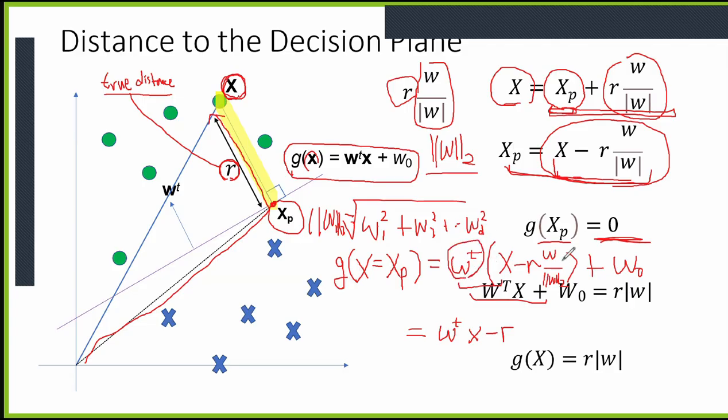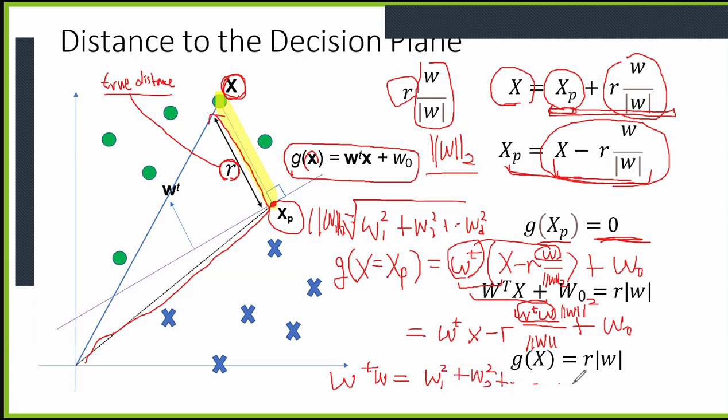And this is basically the square of the L2 norm, because the numerator is just the square of each weight, whereas the denominator is the square root of it.